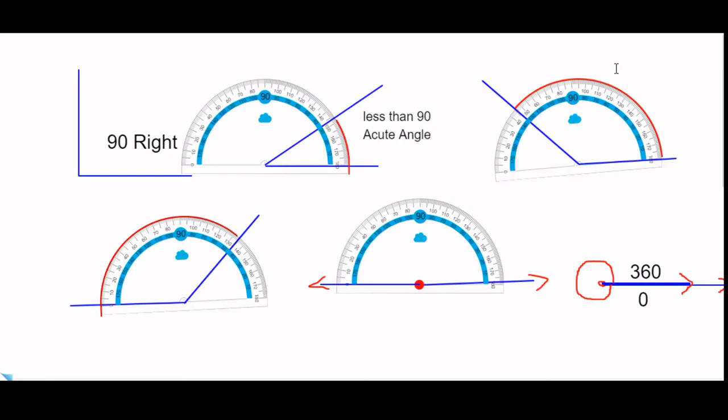Here comes the next category. The next category is having measurement when we measured more than 90 degree. Such angles are named as obtuse angle. Okay. So this is also an obtuse angle there. This is also obtuse angle, but there is a peculiarity.